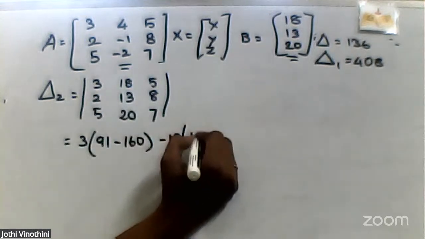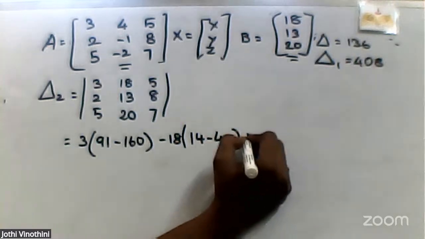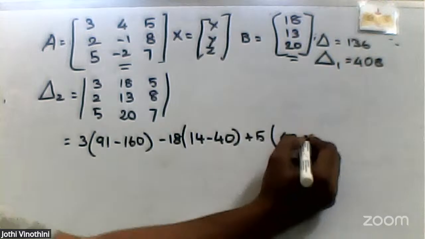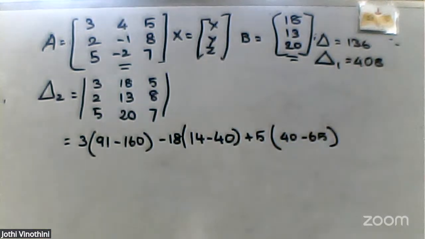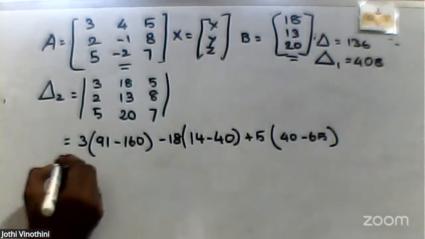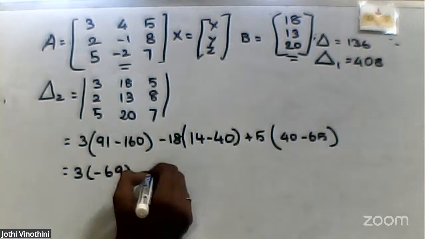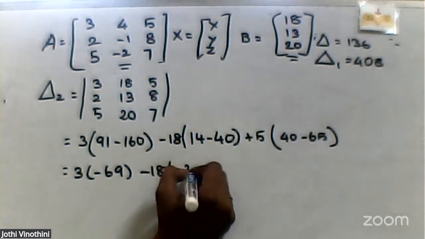So it becomes 14 minus 40, plus 5 multiplied by 40 minus 65. Clear? Clear. So what will we get? 3 multiplied by minus 69, minus 18 multiplied by minus 26.